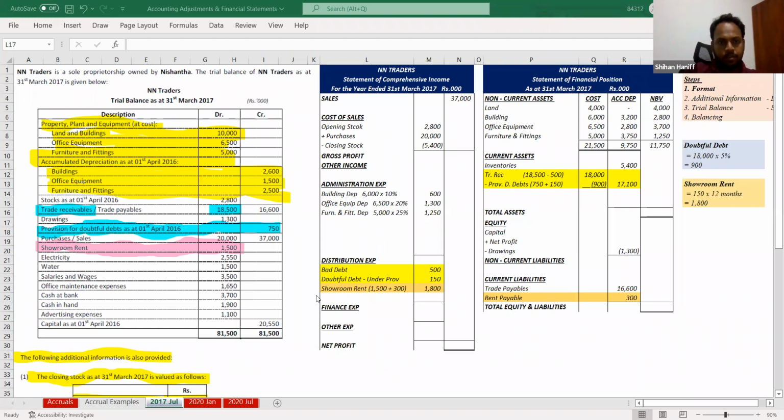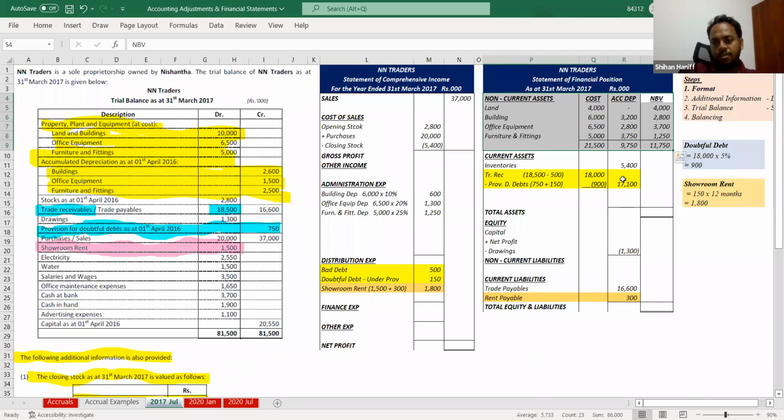There's a question. Okay, so we have three columns down here. This heading is now cost, accumulated depreciation, and book value. These three columns are only up to these non-current assets.